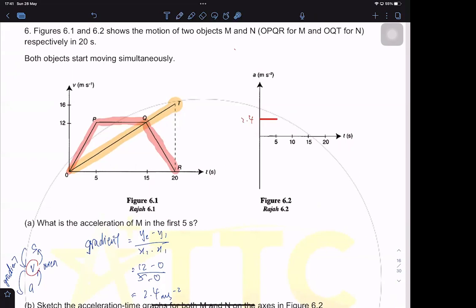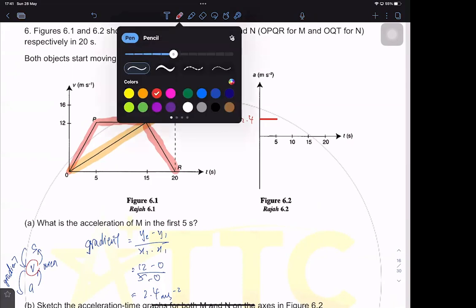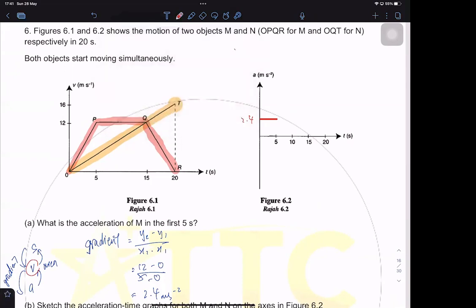Same speed means you are not going faster, you are not going slower, so your acceleration is 0. And 0 acceleration, you need to draw out. You cannot say, oh, 0 there, nothing to draw. No, you have to draw also.